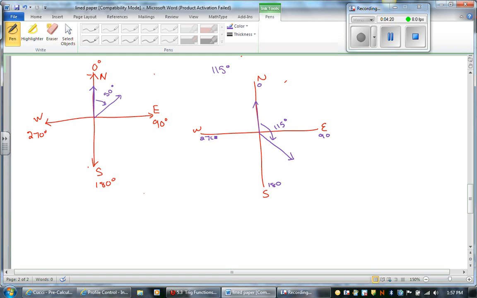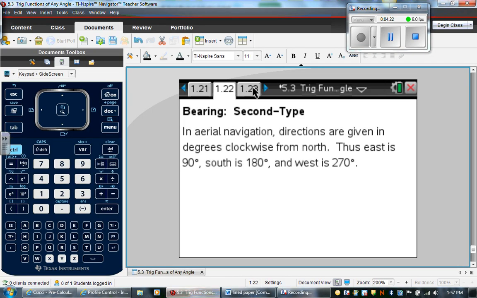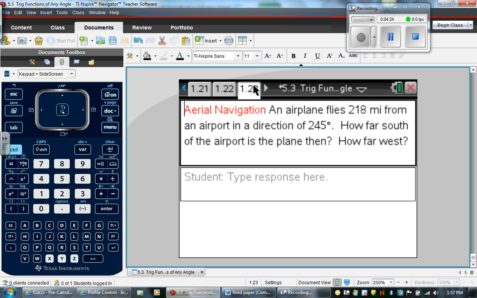Let's look at an example of this. An airplane flies 218 miles from an airport in a direction of 245 degrees. How far south of the airport is the plane then? How far west?